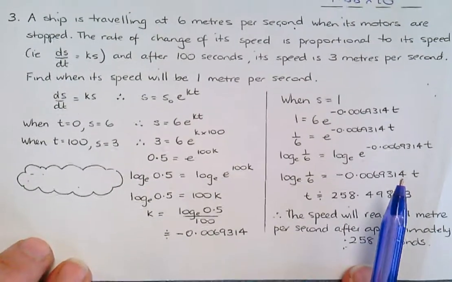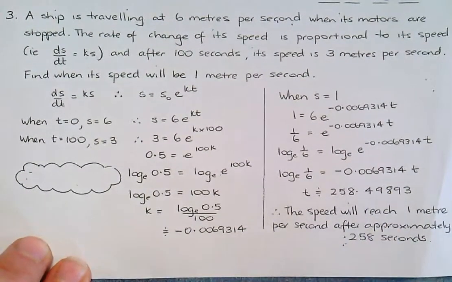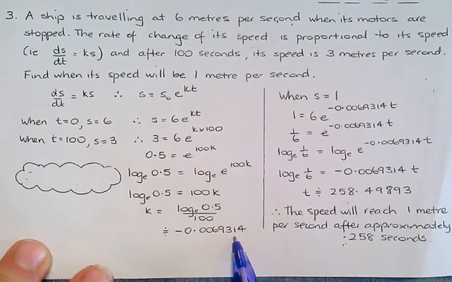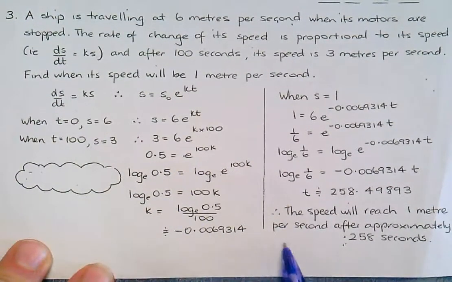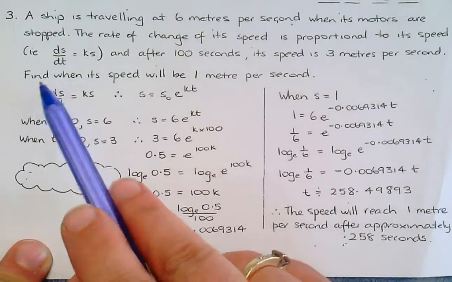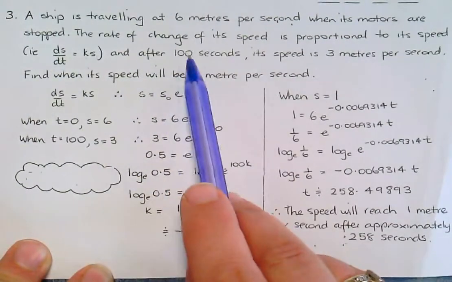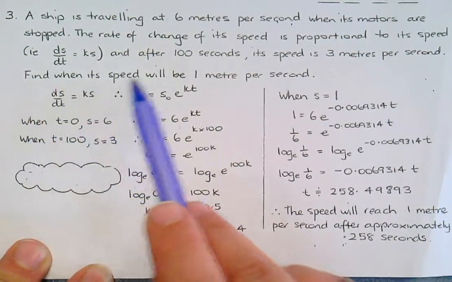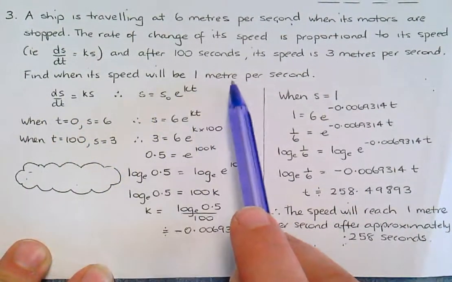Is the quantity going up or down? Down. So notice k is negative. You'll have e to some negative value times t. The question is to find when the speed will be 1 metre per second.